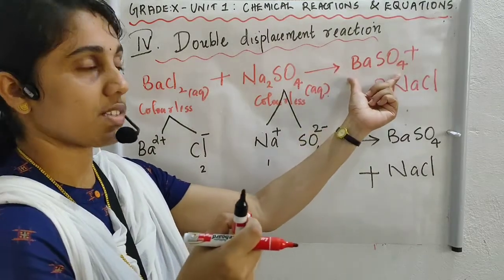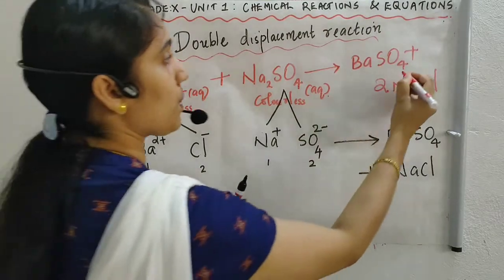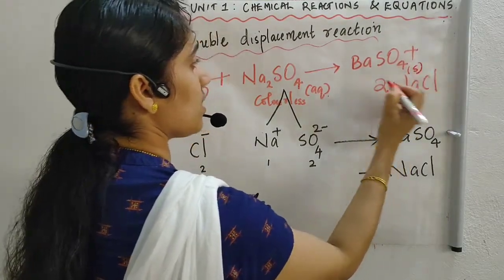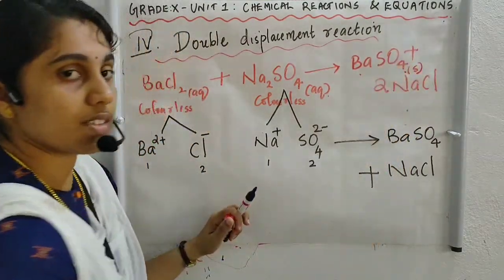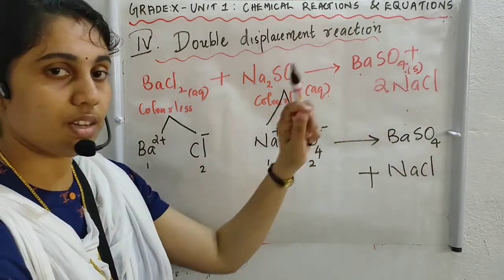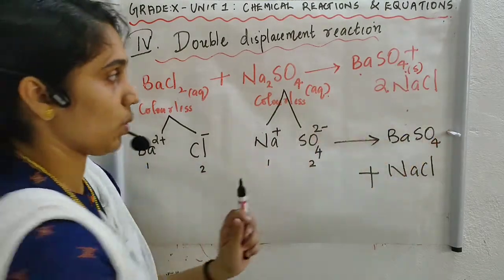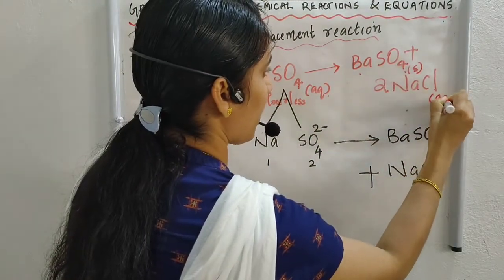That white solid is barium sulfate, which we call a precipitate. So this is the precipitate of barium sulfate plus a clear liquid, that is, sodium chloride solution. The state symbol here is aqueous.